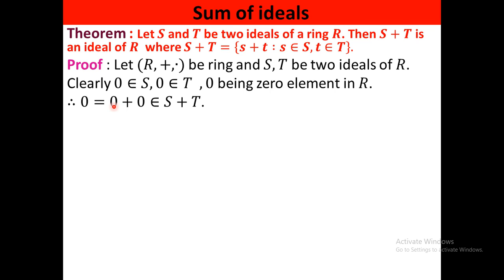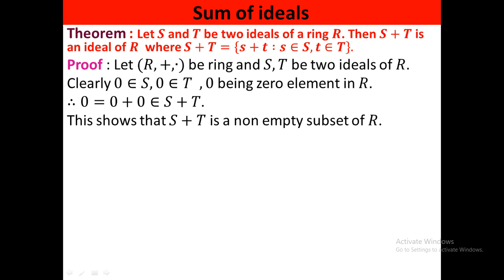Here we consider this 0 from capital S and this 0 from capital T. Actually both of the zeros are the same, the 0 element in R. However, that 0 element is an element of S plus T. That's why we conclude that S plus T is a non-empty subset of R. Actually S plus T is automatically a subset. So 0 belongs to S plus T, and S plus T is non-empty.